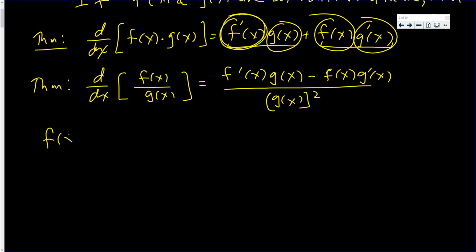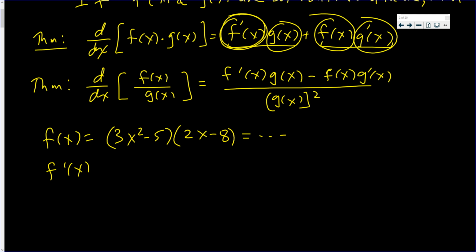Suppose that f(x) was equal to (3x squared minus 5) times (2x minus 8). Now, of course, you can multiply this out and then take the derivative, but let's practice the product rule. The first function will be f(x), and the second one will be g(x).